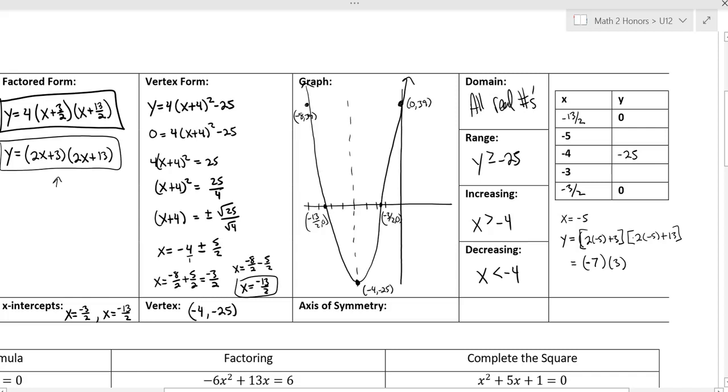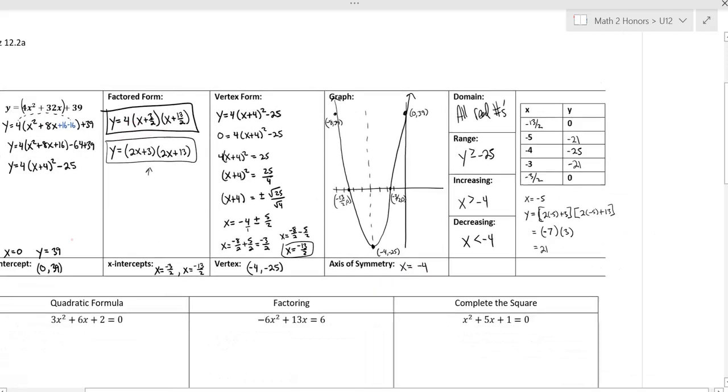Just double checking here. So negative 10 plus 3 is negative 7. Negative 10 plus 13 is 3. So negative 21. And there's some other points. Axis of symmetry is x is negative 4.